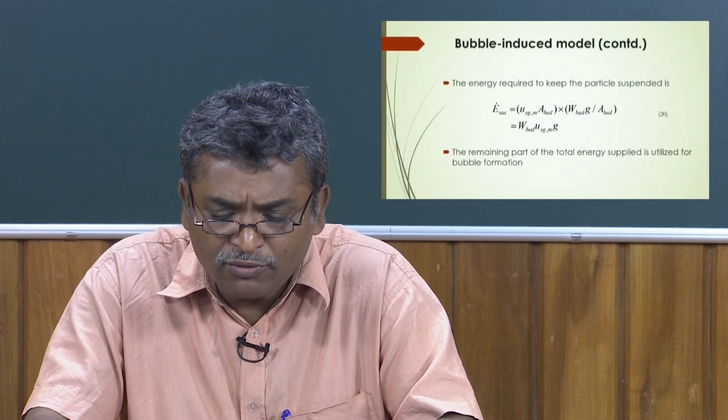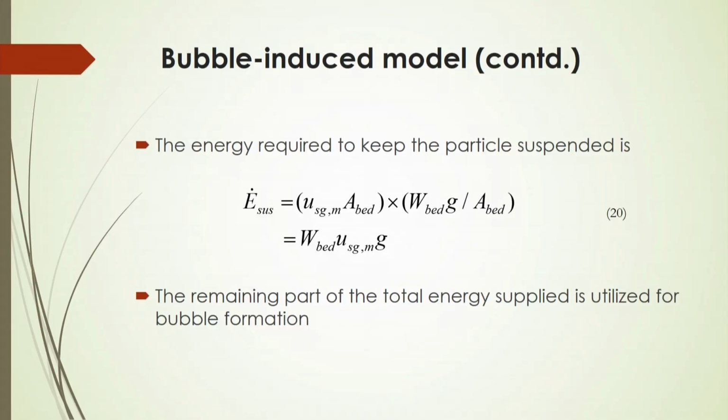The energy required to keep the particles suspended, the suspension energy, is U_HGM into A_bed, where M is for minimum fluidization condition, and then W_bed into Z by A_bed gives W_bed U_HGM g.